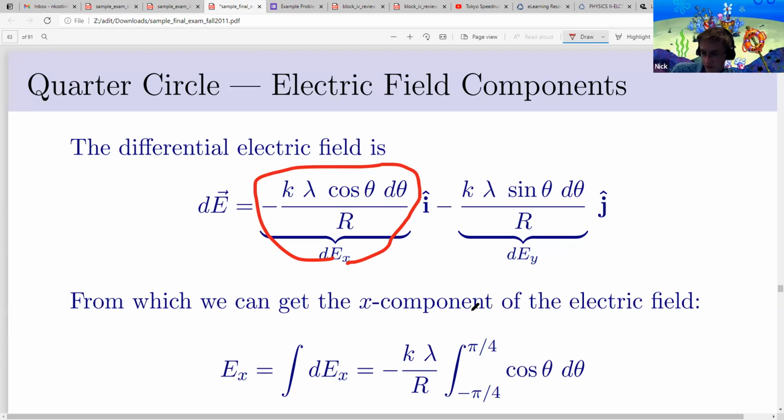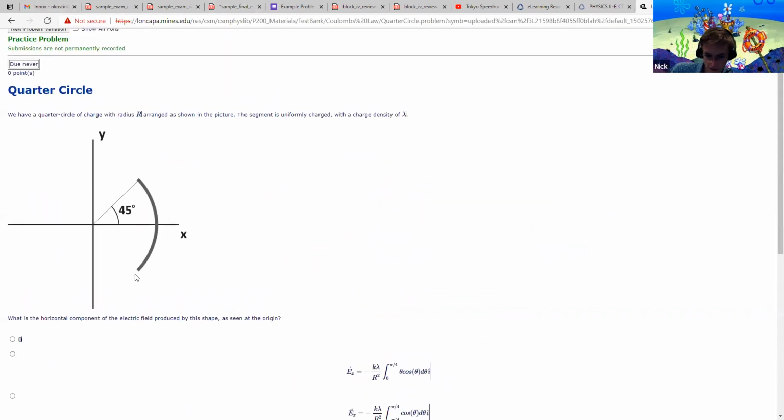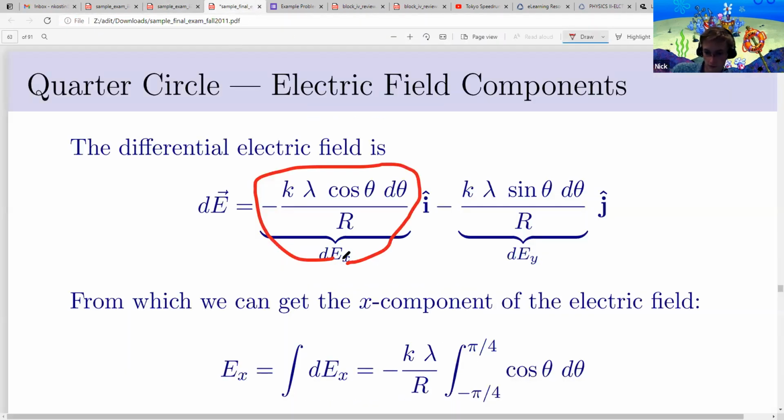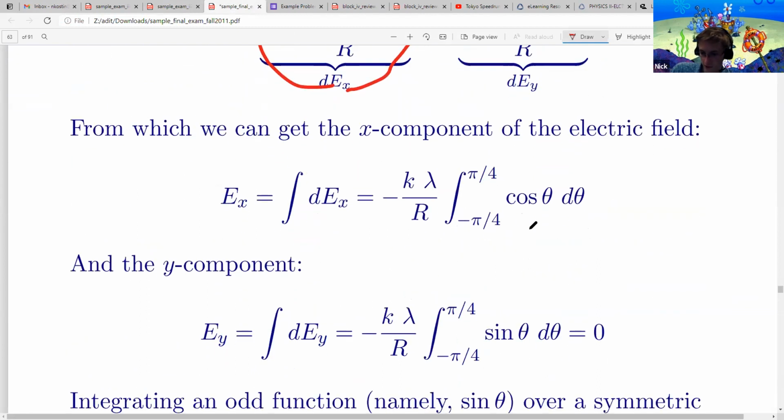So the bounds of integration should be from wherever theta starts to wherever theta ends. Theta, in this case, starts at negative pi over 4 and ends at pi over 4. So those are my bounds of integration.